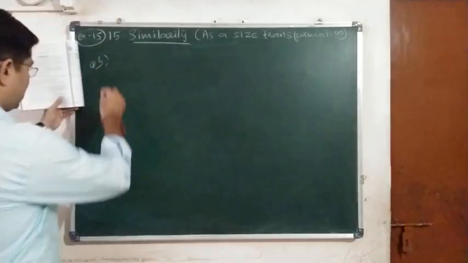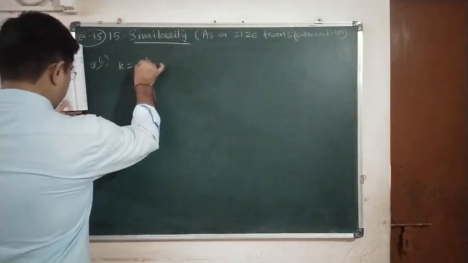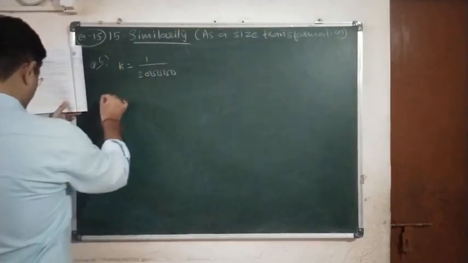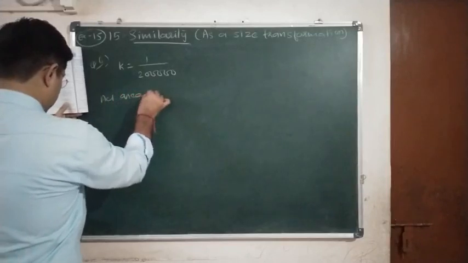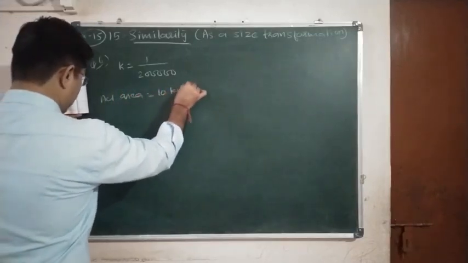Let us first write down the details. K is 1/2 lakh. Actual area is given to be 10 square kilometers.